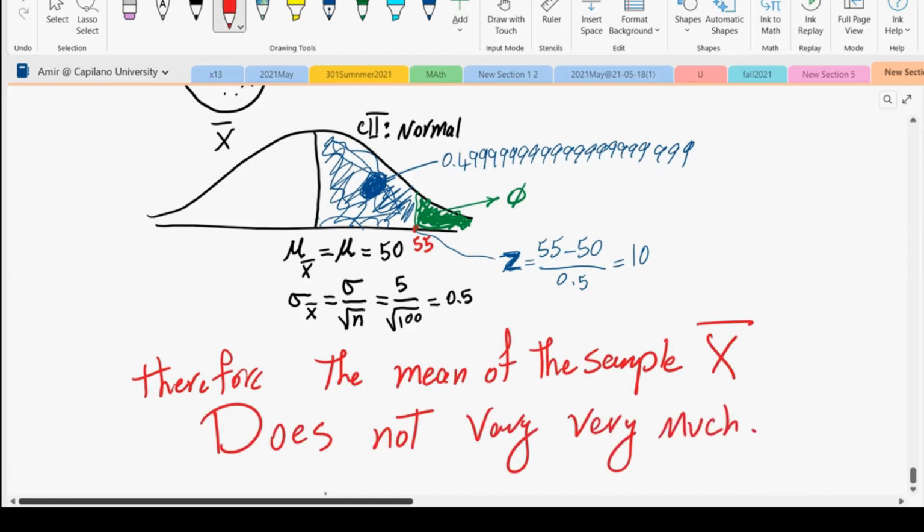One share value can change very much, but the average of 100 shares does not change very much. Therefore, the average of the sample remains very close to the average of the population. Combine all of your pages into a PDF and upload.